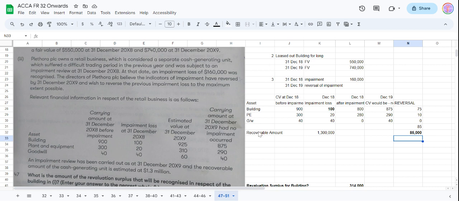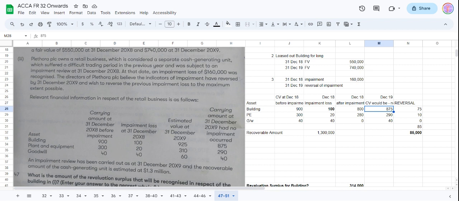This recoverable amount, I said it is important, but it is important when we are recording the impairment. Here, we are reversing the impairment. So hang on for a few seconds and think about this. We can't reverse goodwill, and we can reverse other assets to the extent of the carrying amount that it would have been had no impairment taken place.